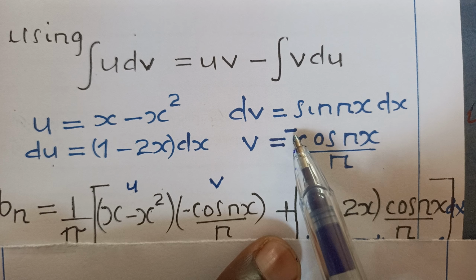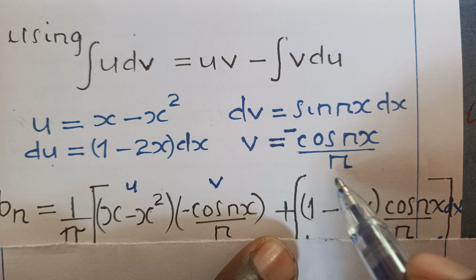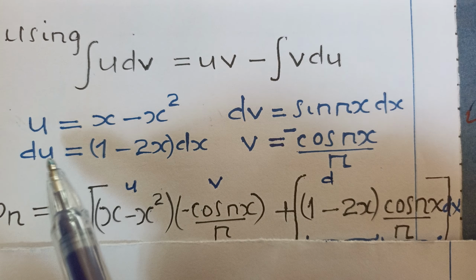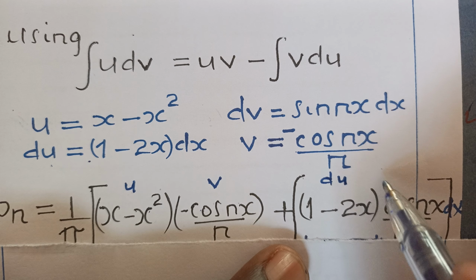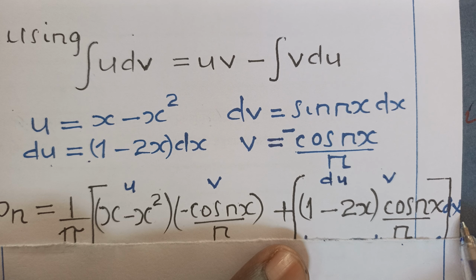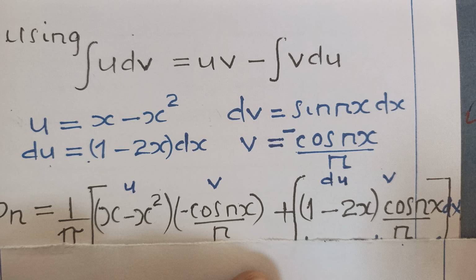Because this has a minus, this now becomes a plus. This is du, and this is v, that is cos nx over n, dx. Of course, this dx is brought here at the end.